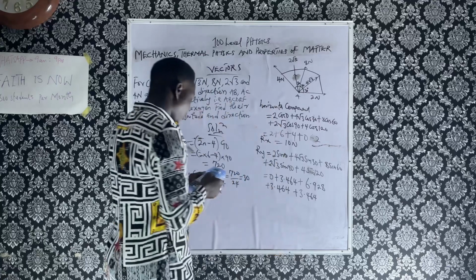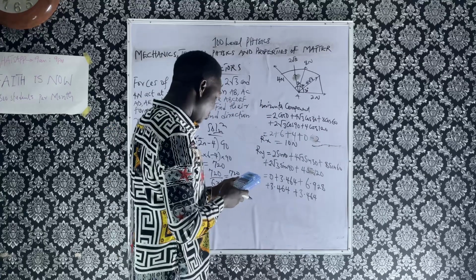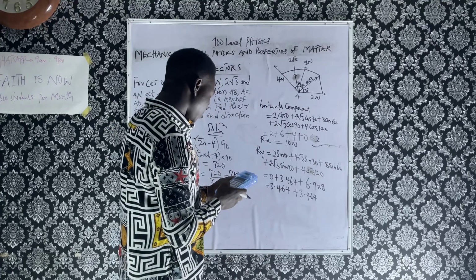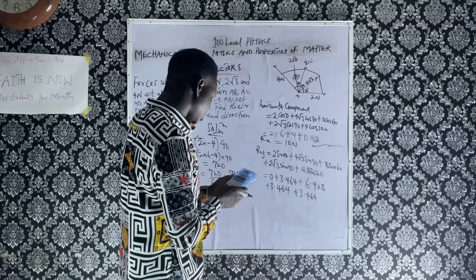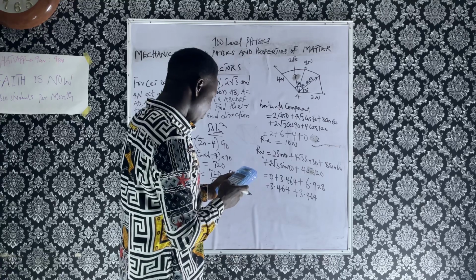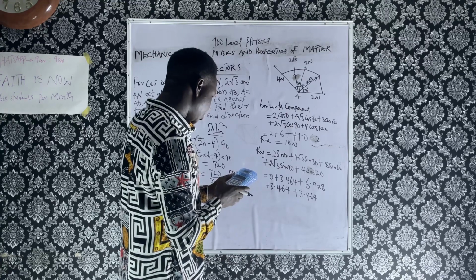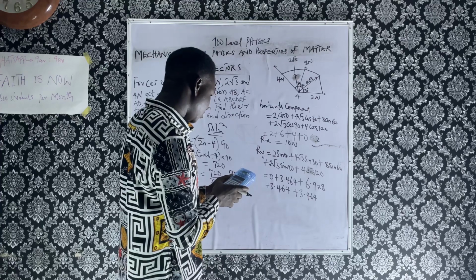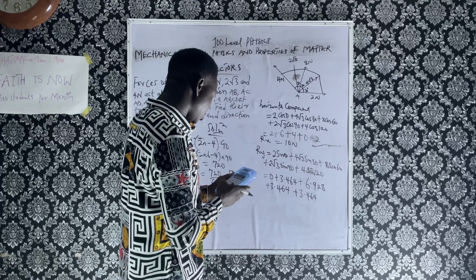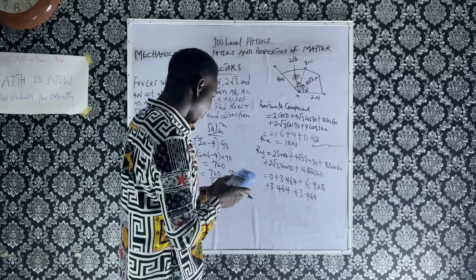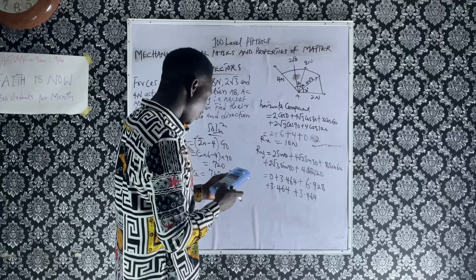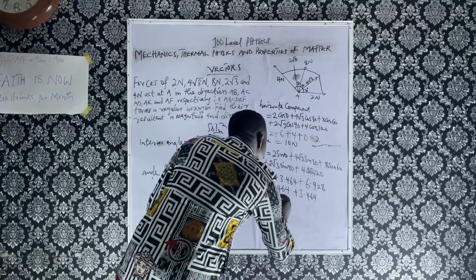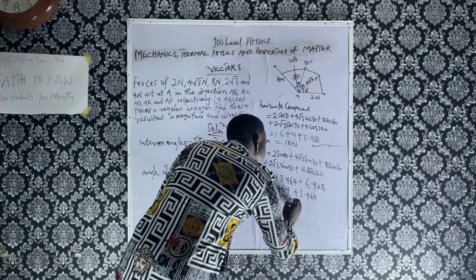0.464. Okay, so what I'll just do, add everything up. 3.464 plus 6.928 plus 3.464 plus 3.464, 17.32.